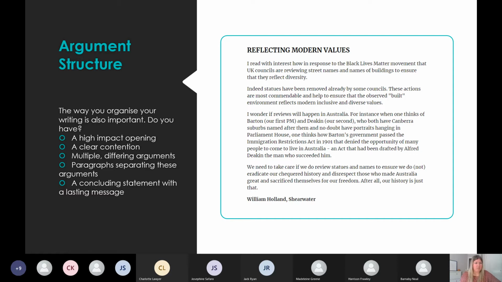At the very end, you should have a concluding statement with a lasting message. Unlike when I said previously, when we did creative, when we did argument analysis, the conclusion here is really important. It is the last thing that your assessor hears before they start finalising your mark.